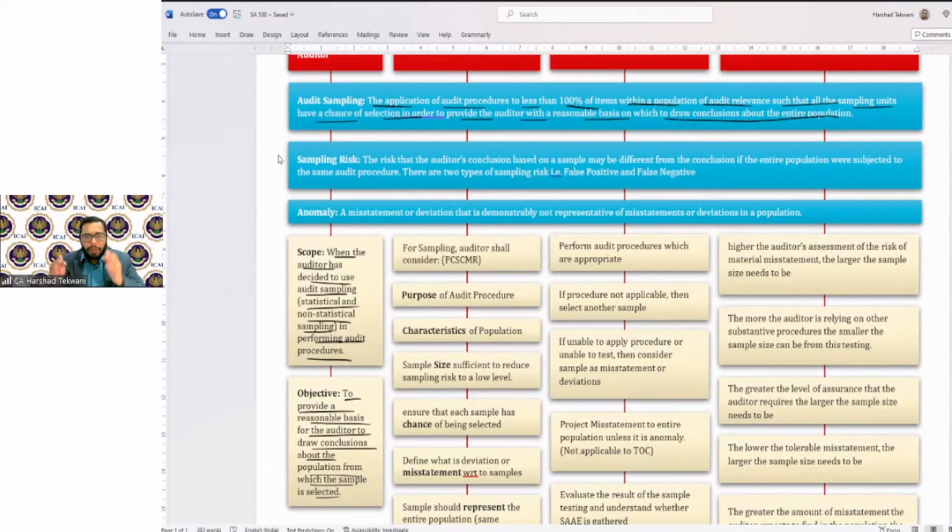Now I have selected the sample, and I can reasonably conclude that whatever I have drawn from the population, whether 10% or 20% or whatever sample it is, the conclusion about those samples can be reflected on the population.